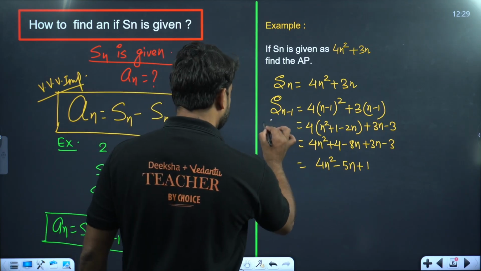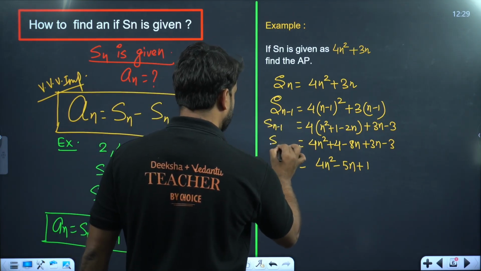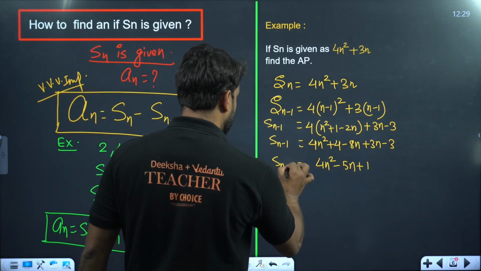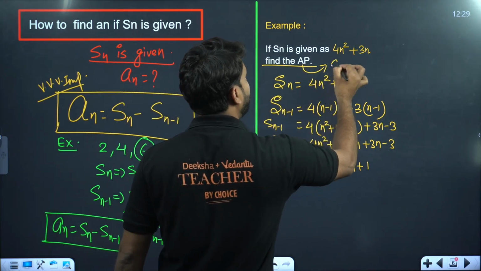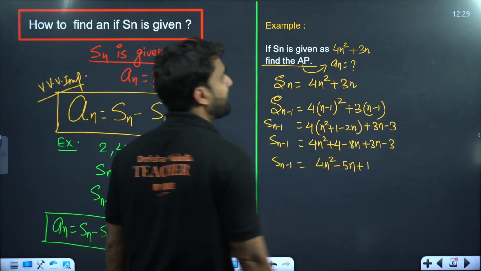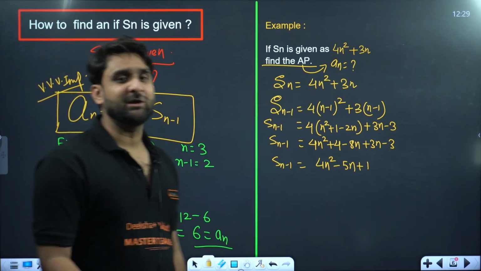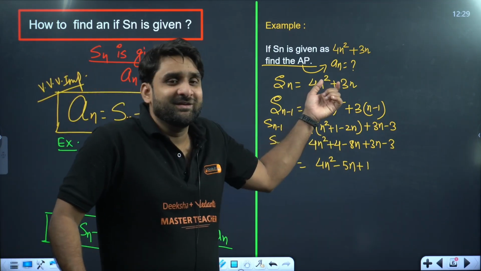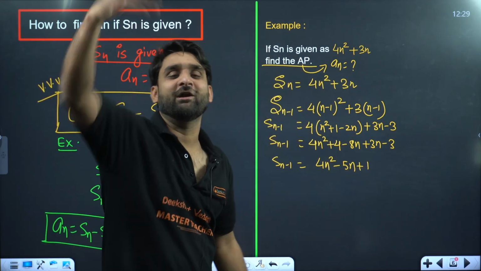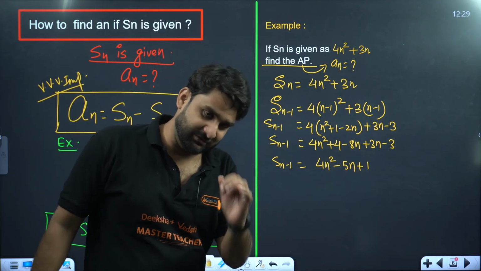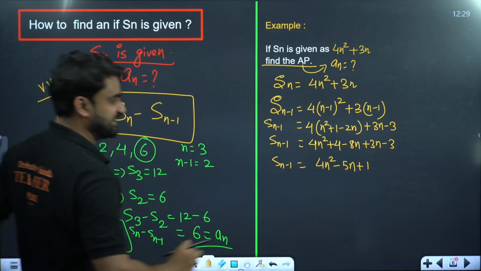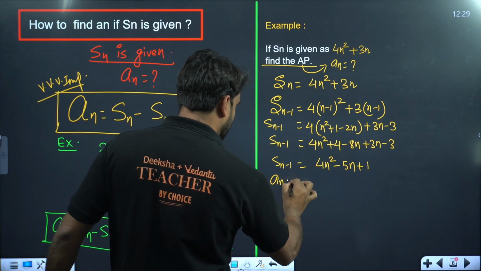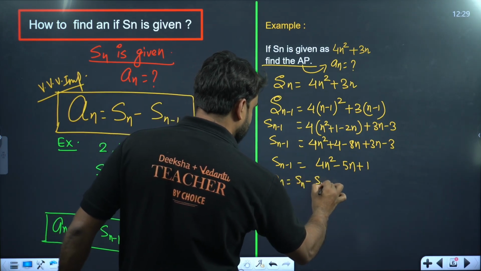Now we require the AP. To find the AP, if we get An by doing any mathematical operation, you can find the AP by putting n as 1, 2, 3, 4. We have the formula An is equal to Sn minus Sn minus 1.